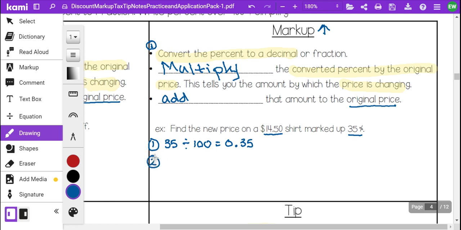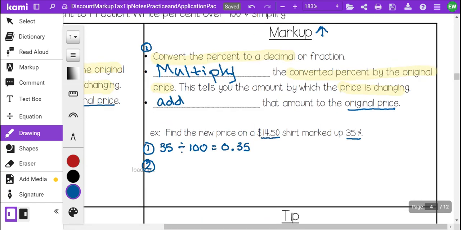Step 2, multiply the converted percent, which is 0.35, times the original price, which is given right here in the problem, $14.50. When you put that in a calculator, you get 5.075. Ooh, I'm going to put my money symbol.